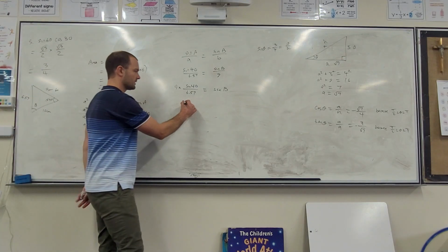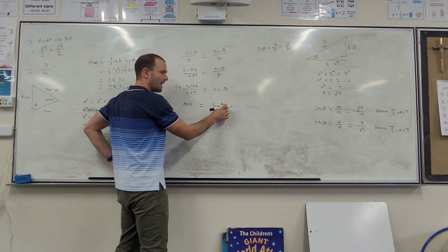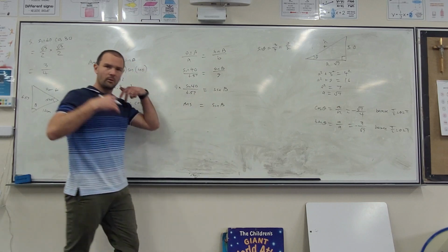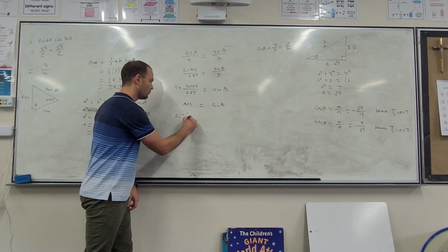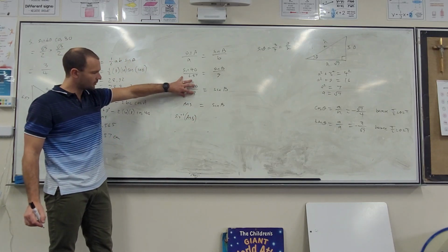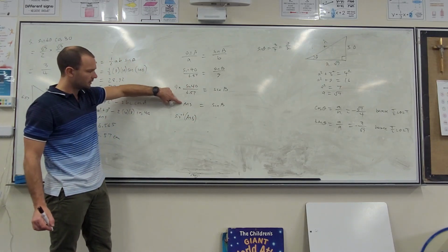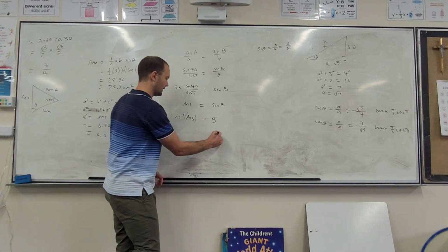I'm just going to write answer. So sine of B. But we want the value of B, right? So we perform the inverse sine. We do sine to the power of -1 of whatever this evaluates to. I've said it's going to be some decimal number. We can put it in our calculator, and then we do the inverse sine of it, and that's going to give us the value of B.